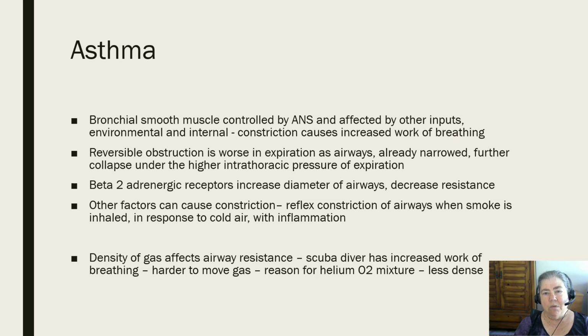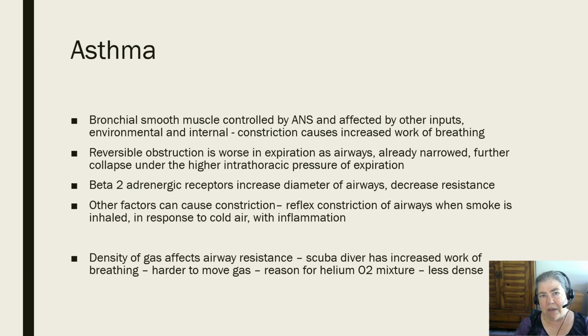During asthma, those airways constrict, and that increases the work of breathing, tends to cause air trapping, and makes it more difficult to expire. This obstruction is reversible, but it's worse in expiration because those narrow airways further collapse as the pressures in the intrathoracic cavity increase during expiration.